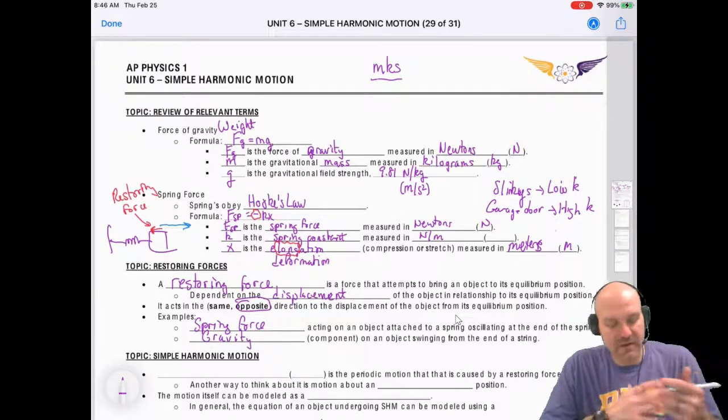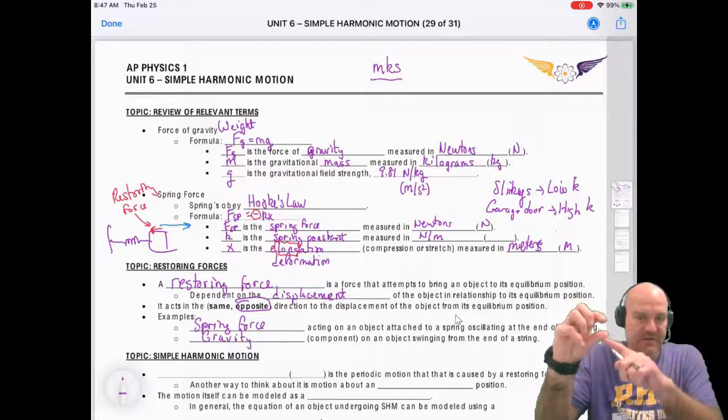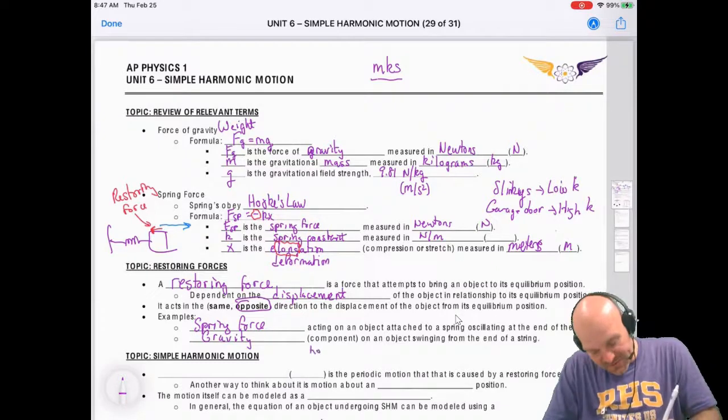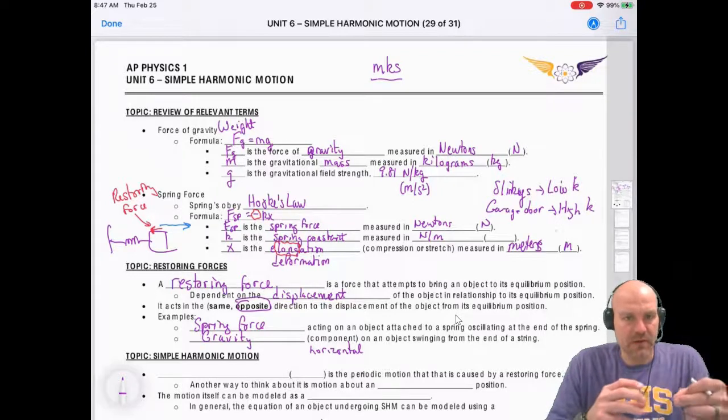But it's only going to be a component, because as a pendulum swings, only a piece of it is acting at its highest point, and it's going to be the horizontal component. That is what's going to be the restoring force, or the restoring acceleration, if you want to say. All right, so in the next video, we're going to focus on what simple harmonic motion is and some examples of simple harmonic motion.